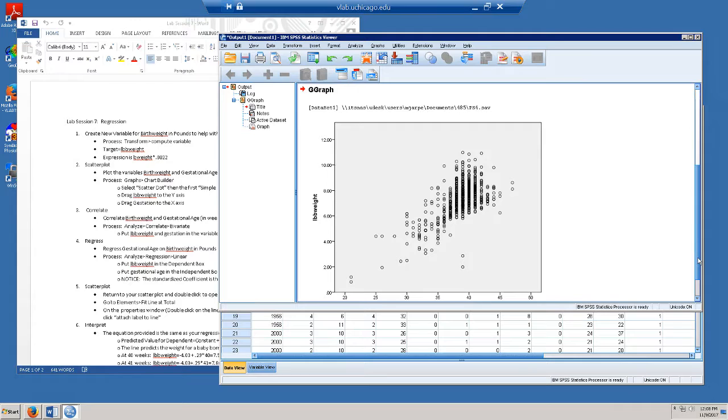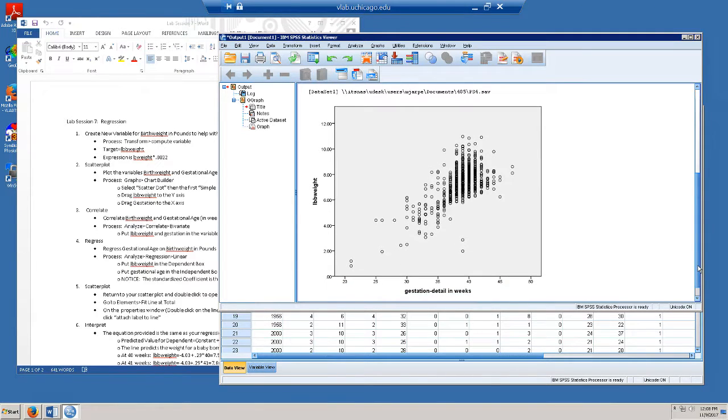So if we play the guess the correlation game, we can see that there's a pretty strong positive association between gestation in weeks and birth weight. But there is also a fair amount of variation around that.